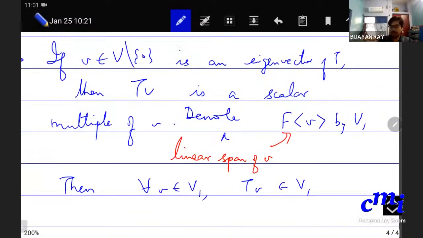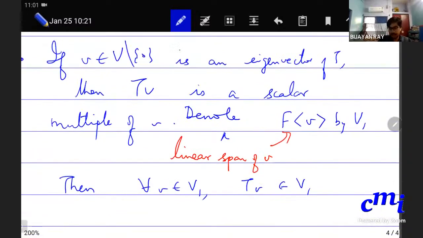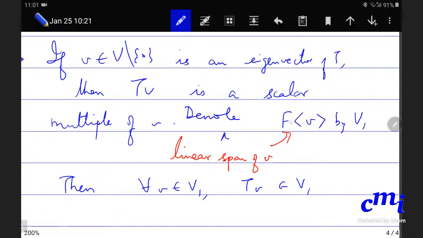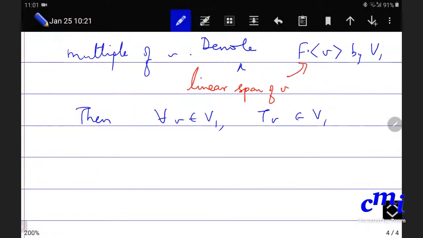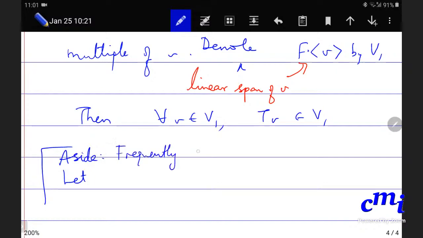If angular bracket V is the F denoting the field F, correct? Yeah. Thanks for asking. Maybe I should say, it's just an aside. Frequently, I will use this to denote linear span.